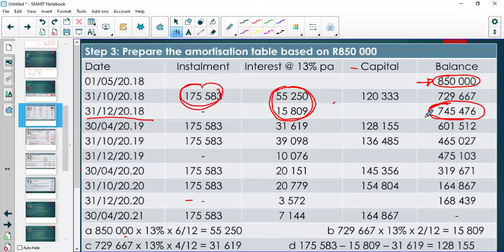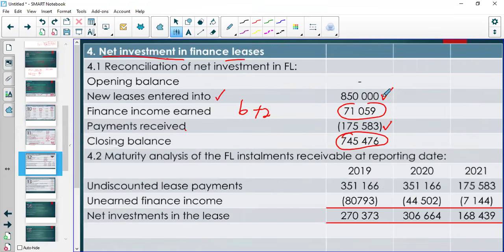So where we're standing now is here. With new leases entered into, the finance income is added, then the payments received are deducted. Then we are here. Then the maturity analysis of the finance lease instruments receivable at reporting date.